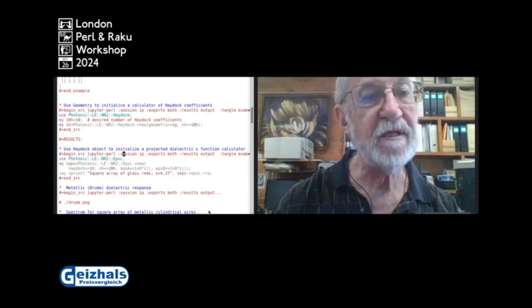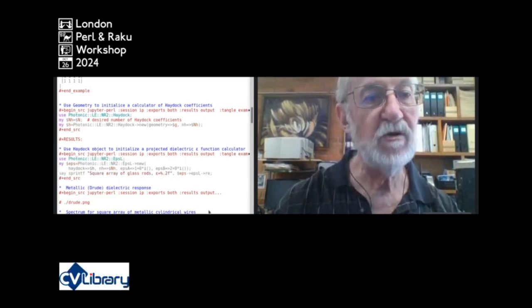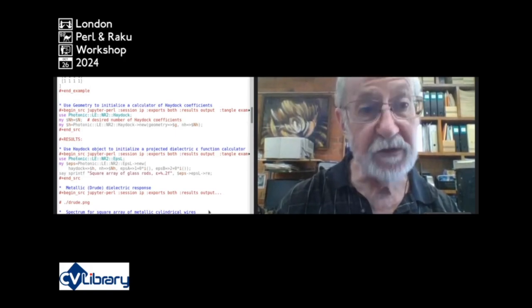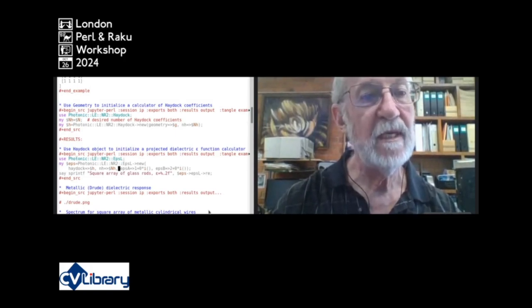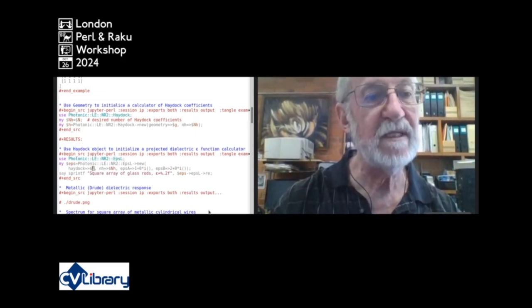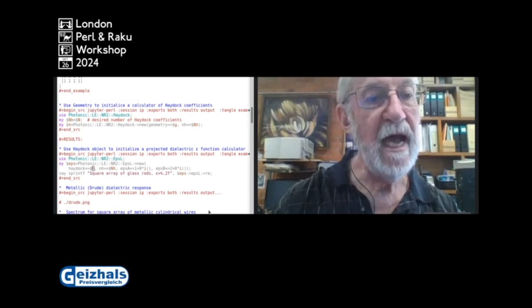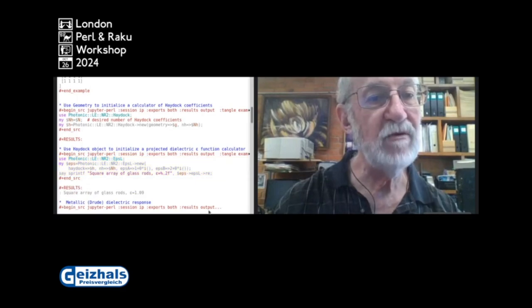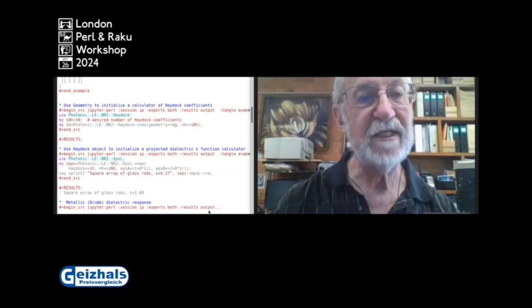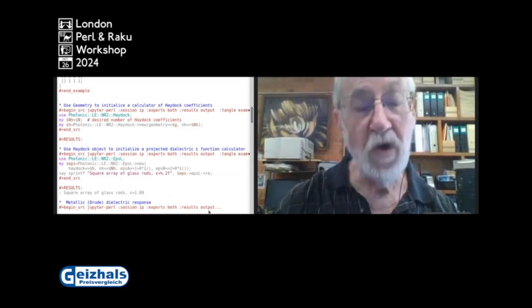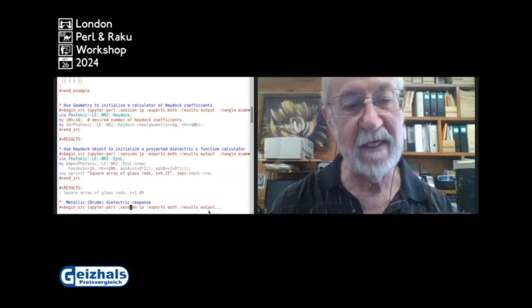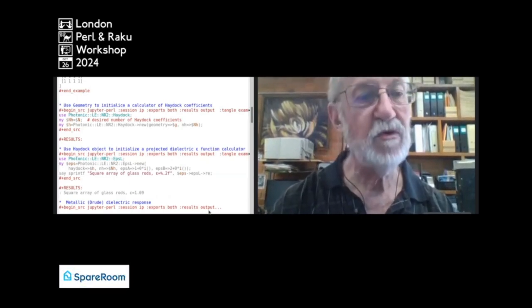And I can use that Haydock coefficient calculator to build an electric function calculator. So this is the Haydock object I just built. And with that, I'm waiting for the calculation. I can actually calculate the dielectric function. So in this case, this number is the dielectric function of an array of glass rods.